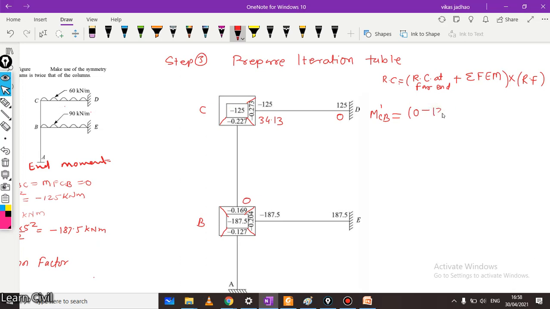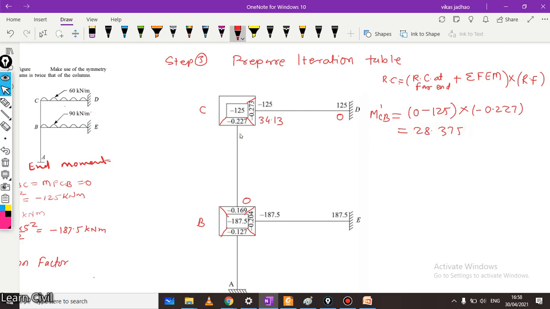So minus 125 multiplied by rotation factor minus 0.227. This will be equal to 28.375.